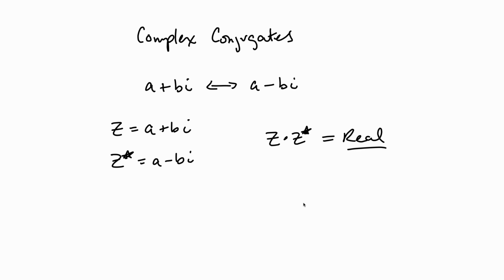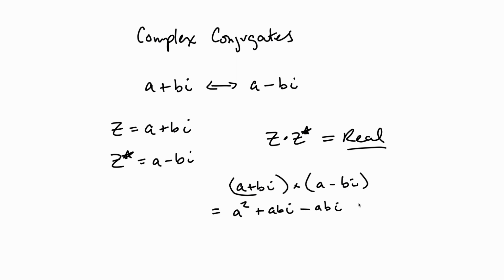Let me just do this quickly for you. So, where shall I do that? Down here. A plus bi times a minus bi equals a squared plus abi minus abi minus b i squared, which just leaves you with a squared, those two cancel, plus b squared, because i squared is -1.